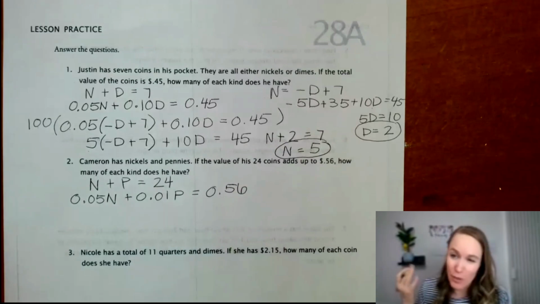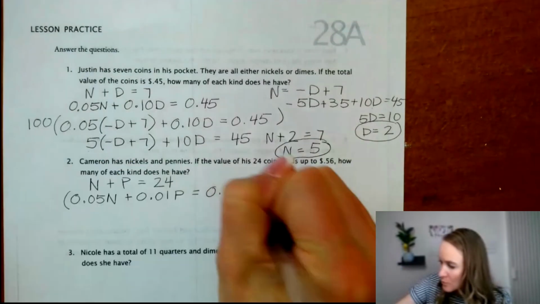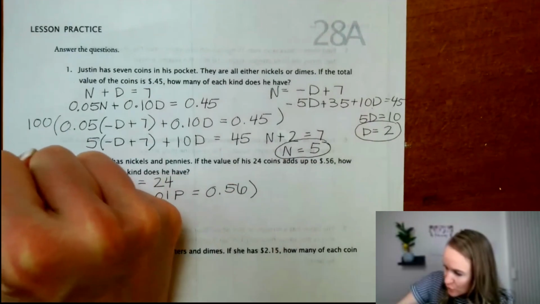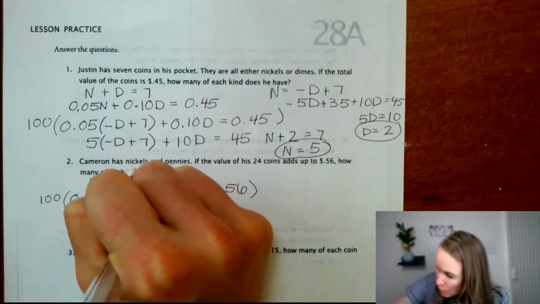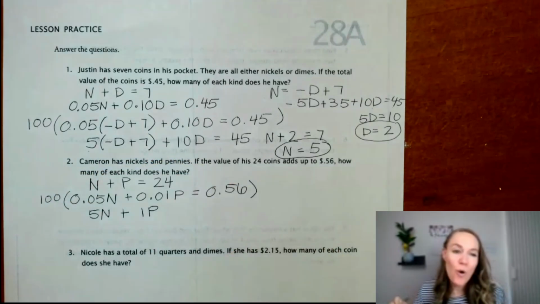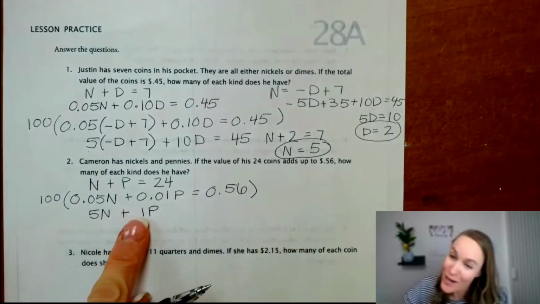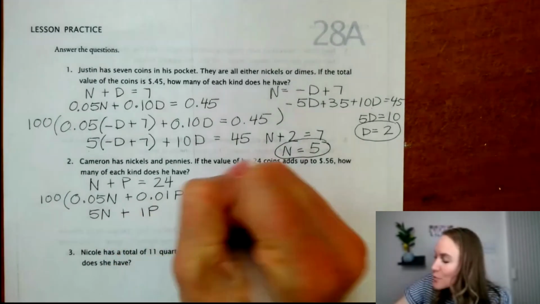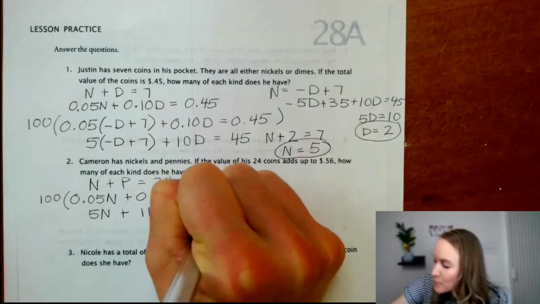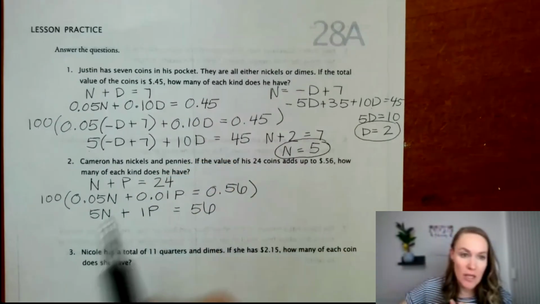It's just easier for our brains to think about it. So multiply this whole equation by 100. I get 5n plus 1p, or if I'm a mathematician, I don't write the 1p and I just write p, correct? Equals 56.